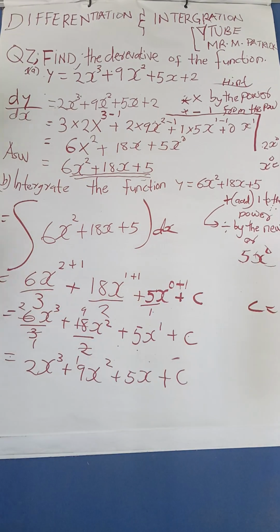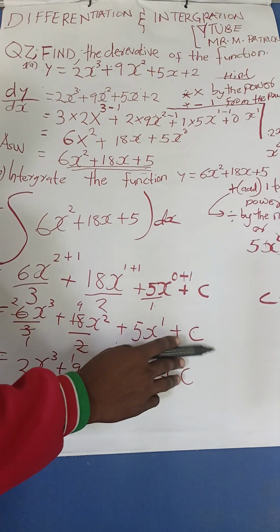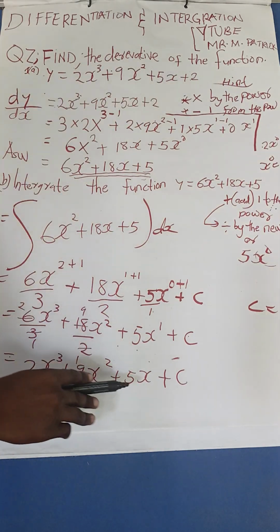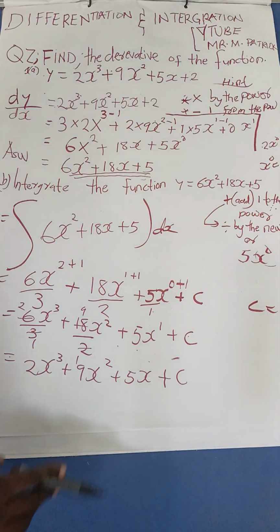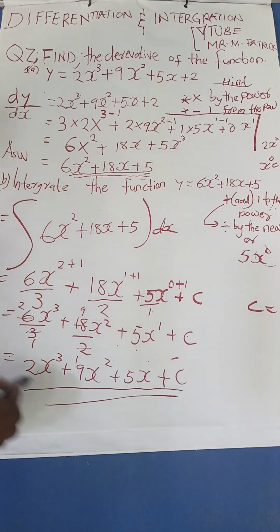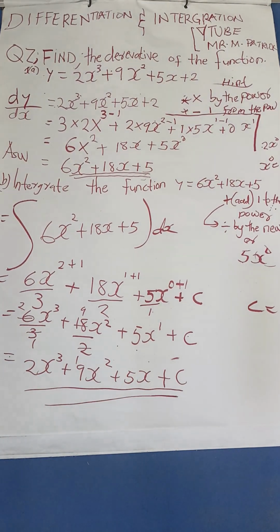When we differentiated the constant, we got 0, so it disappeared. So when you come back, you add just a constant to show the one that disappeared. And this becomes your answer. Now you can see that integration is just the opposite of differentiation, which we have now seen here.